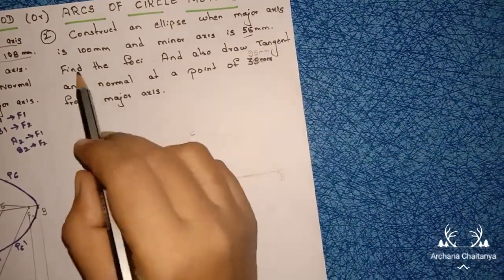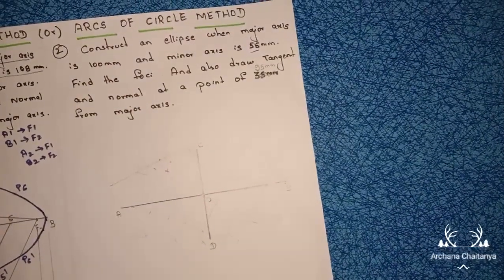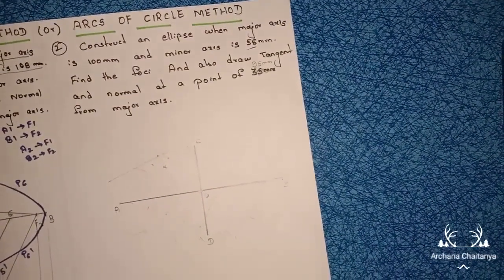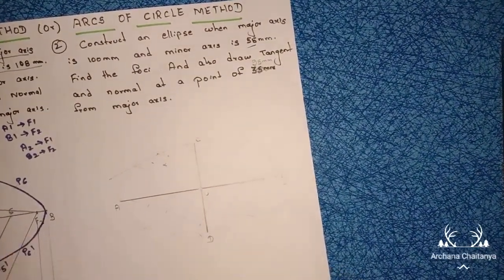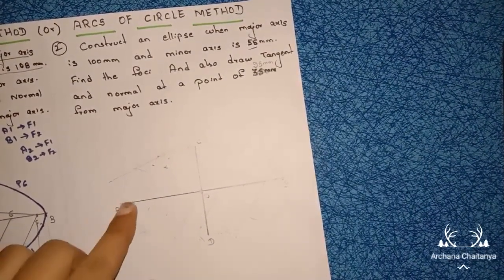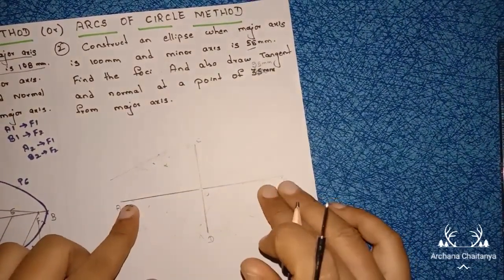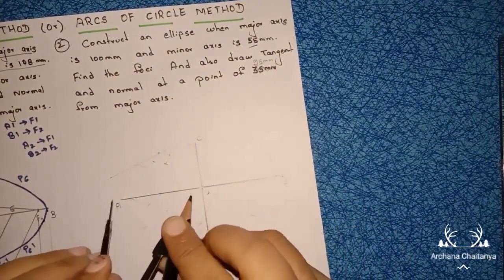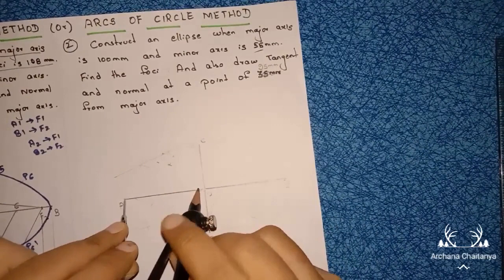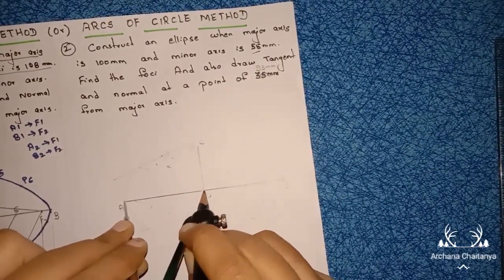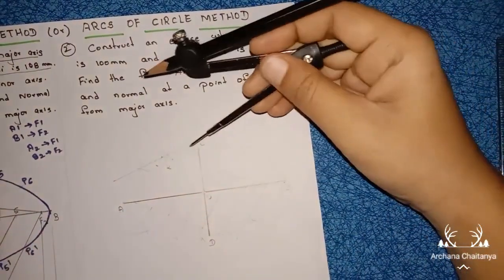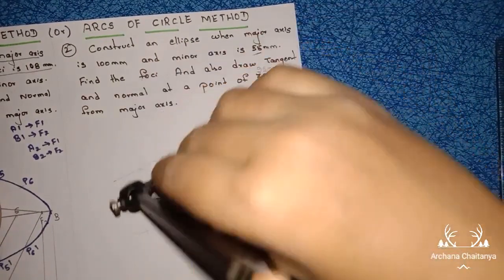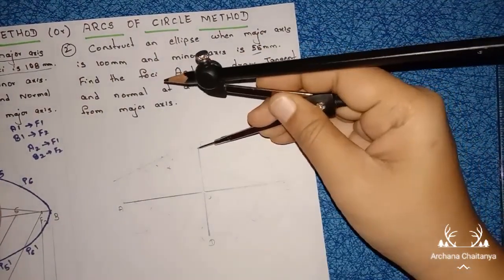Right, now what you have to find? Focus points. So where we have to locate focus points, you have to locate focus points on the major axis. Now take this distance from O to A with your compass. Right, C as center. Draw an arc on this major axis.